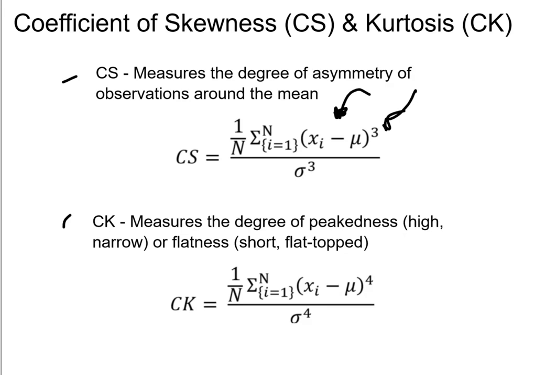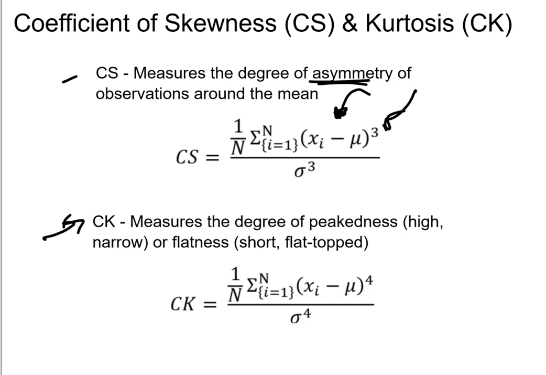It's still looking in our numerator at a mean deviated value, but rather than raising it to the first power or the second power like we've already seen, this raises it to the third power and then divides by sigma cubed. The skewness is a way to talk about how symmetric observations are around a mean. And again, I don't think this calculation is that useful, but we want to make sure we understand a little bit about skewness, and we'll talk about those in half a second.